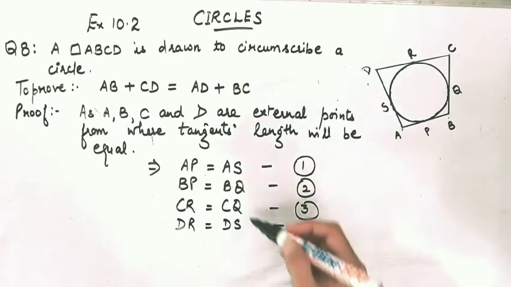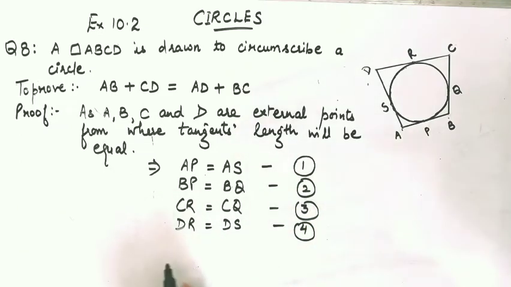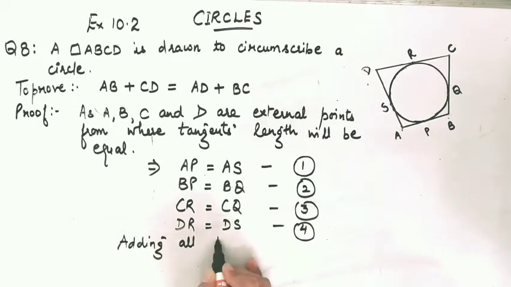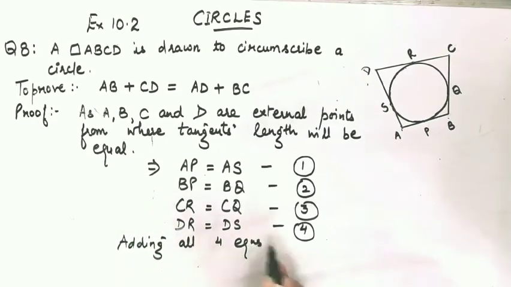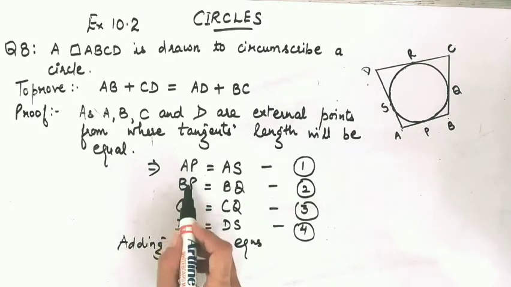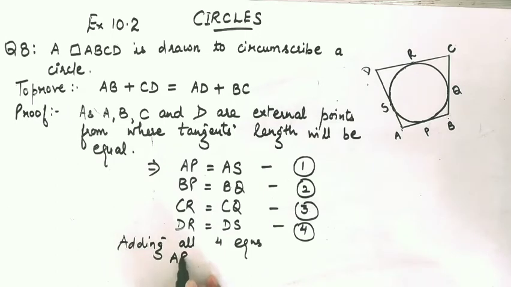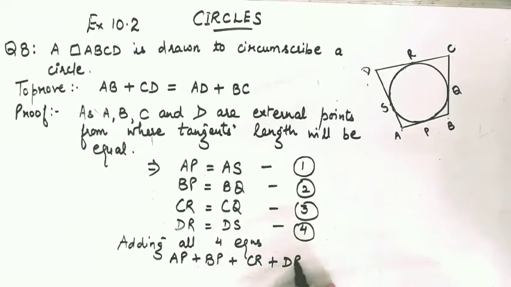Now what do we get if we add all four equations? The resultant would be AP plus BP plus CR plus DR, that's equal to the other end also.